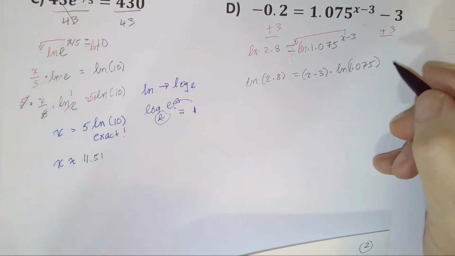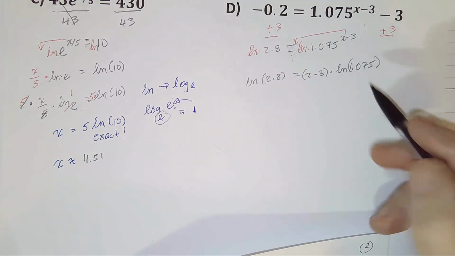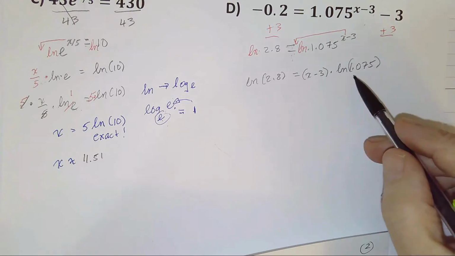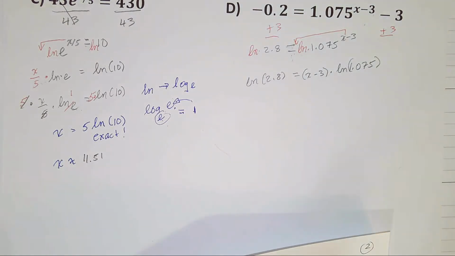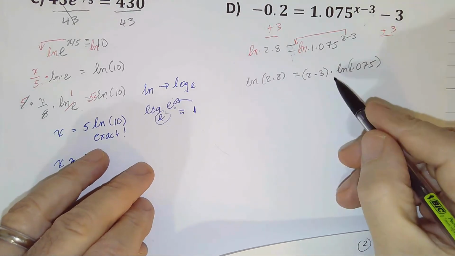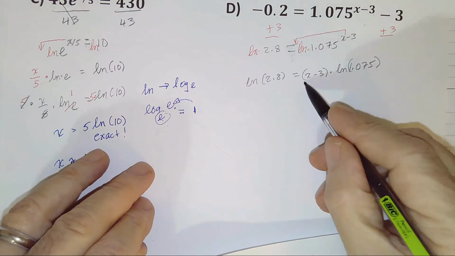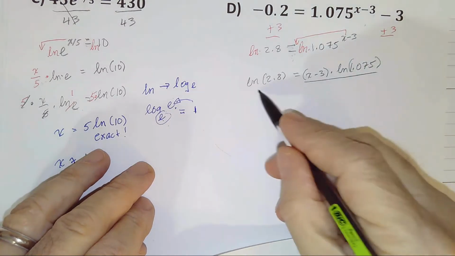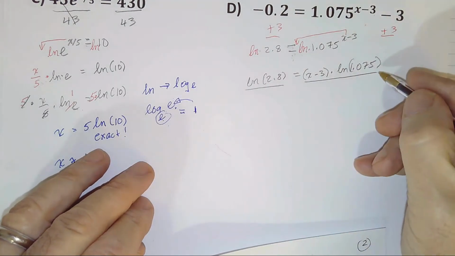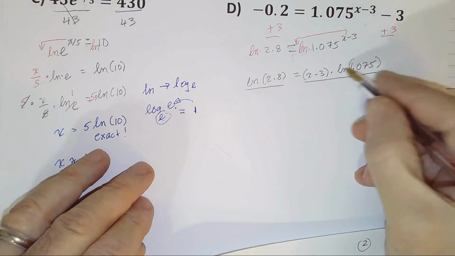So if you look at this, over on the right-hand side, this is all a number except for the x. And so we want to get that x by itself. So what we're going to have to do is divide everything here on this side and on this side, left and right, by the natural log of 1.075, because that is a number.